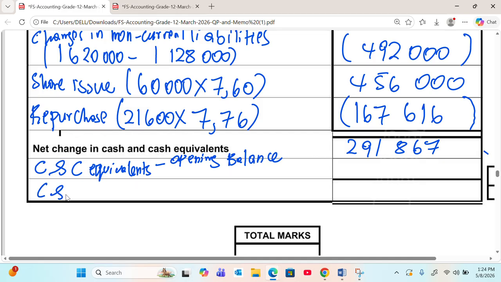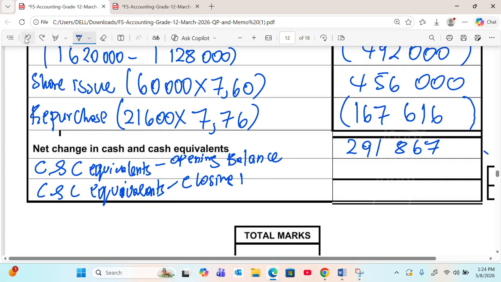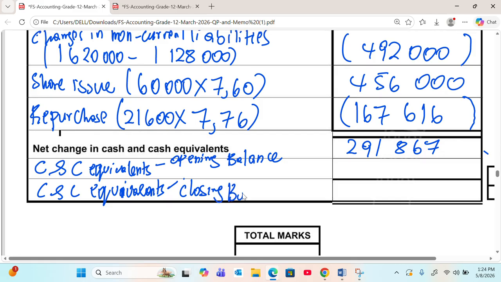And then we have cash and cash equivalents, the closing balance or balance at the end of the year. So, what is the value of our cash and cash equivalent at the beginning of the year?